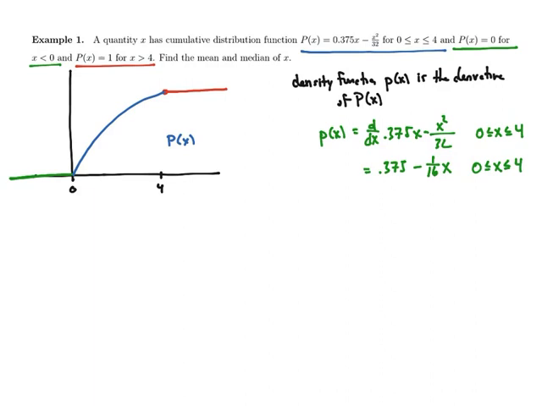And we know that on the other intervals, when x is less than 0, P of x is 0. If we think about the derivative, little p will be 0. And when x is greater than 4, capital P is 1, which means that the derivative will also be 0, which matches with what we need a density function to look like.